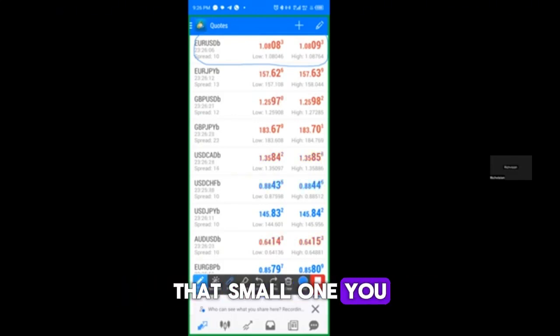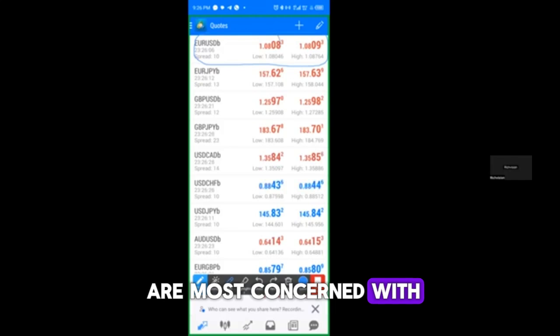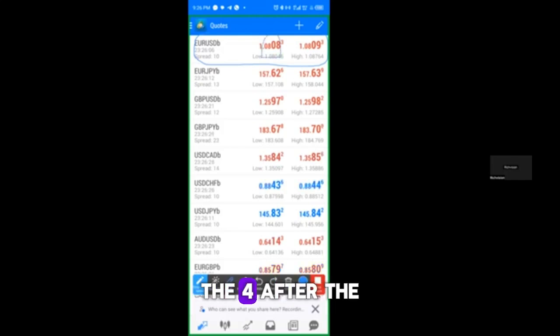You are most concerned with the 4 digits after the decimal point. So here you can see 8 as the 4th digit. So that is the first pip. So it continues to go.